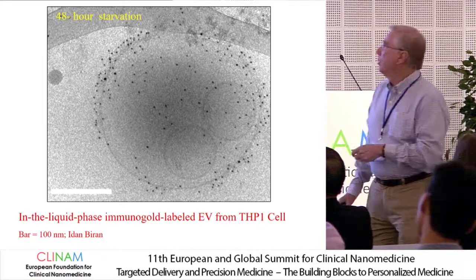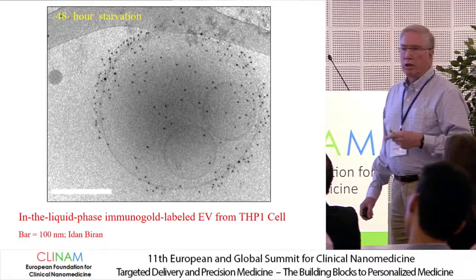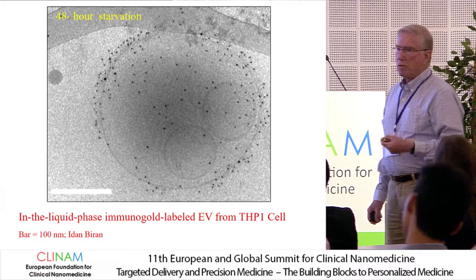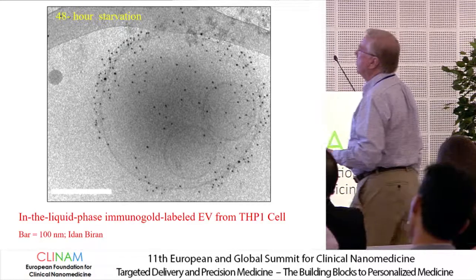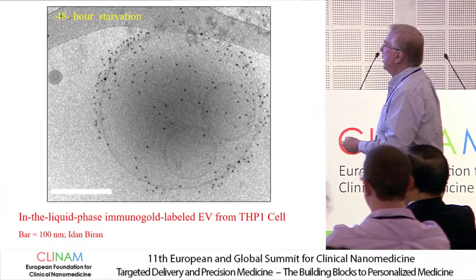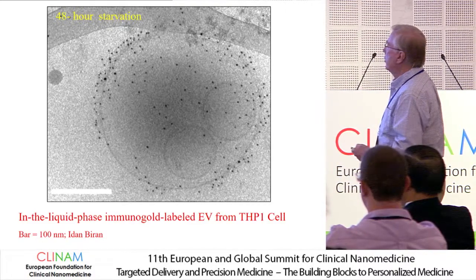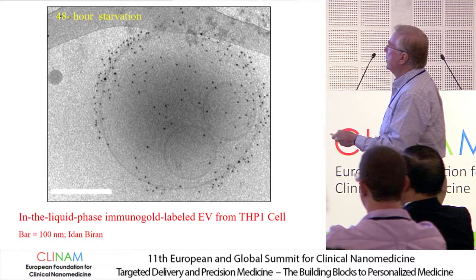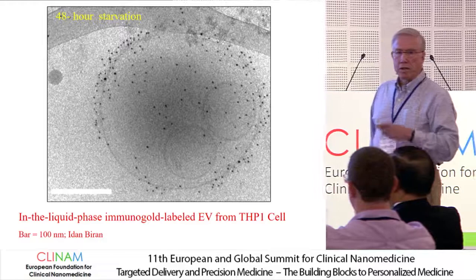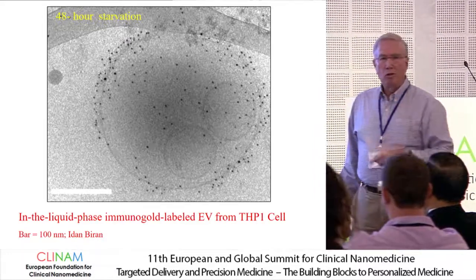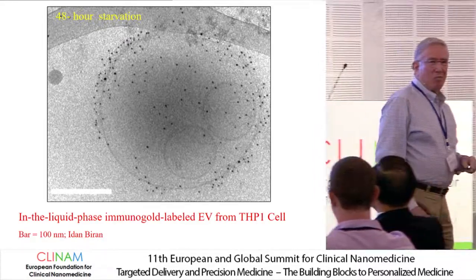In this work, we are trying to do it, again, for the sake of specimen preservation. We try to do it in the liquid phase. And in this case, you see here an extracellular vesicle, which has been very nicely labeled. And for more information about this, go to poster 7, talk to Idan.